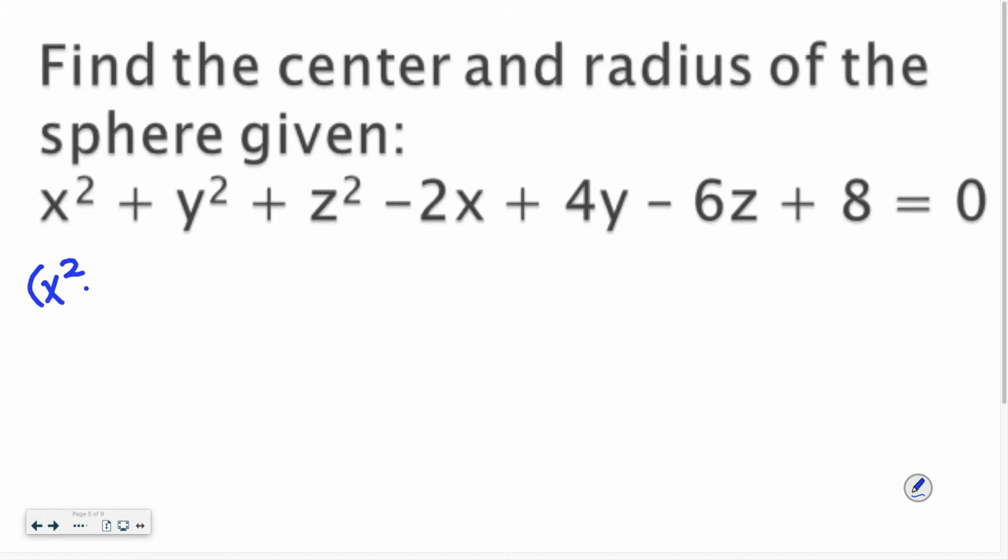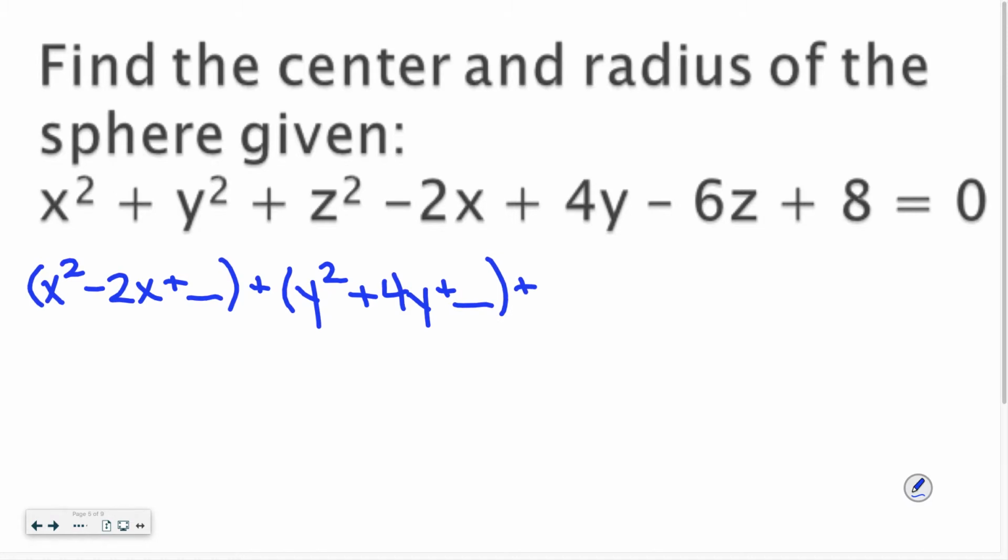So x squared minus 2x plus a mystery number. y squared plus 4y plus a mystery number. z squared minus 6z plus a mystery number. And then we have this plus 8. I'm going to move it to the other side and add our 3 mystery numbers so that we have a number on the right side for our squared.